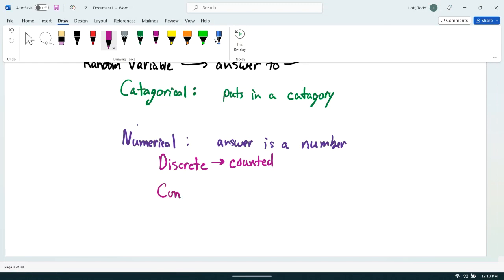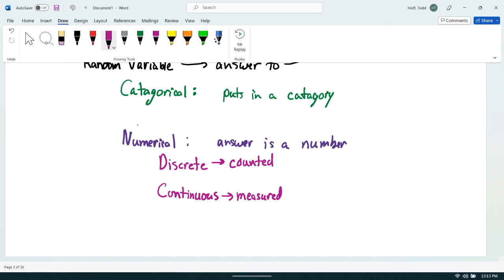Continuous variables are things you would measure. How tall are you? How much do you weigh? If I give you this task to do, how long does it take you to complete that task? All of those are things that are measured. Now, there's obviously some gray areas in between here.